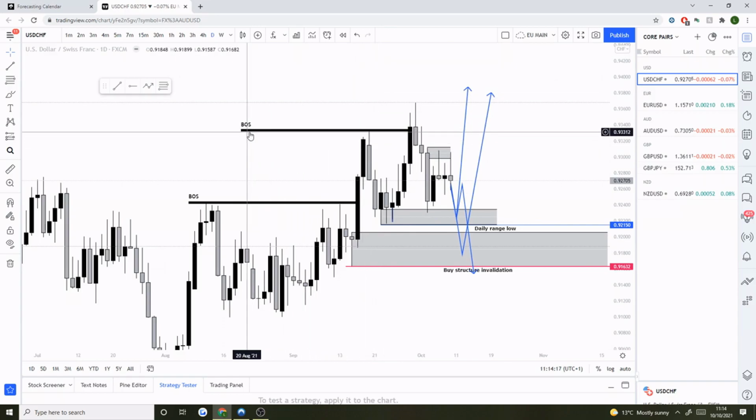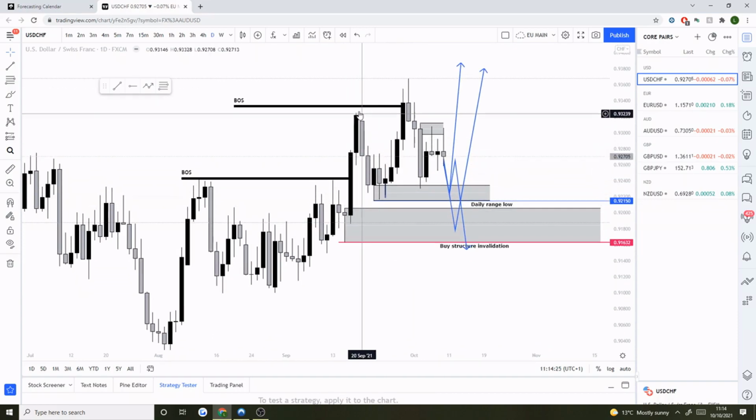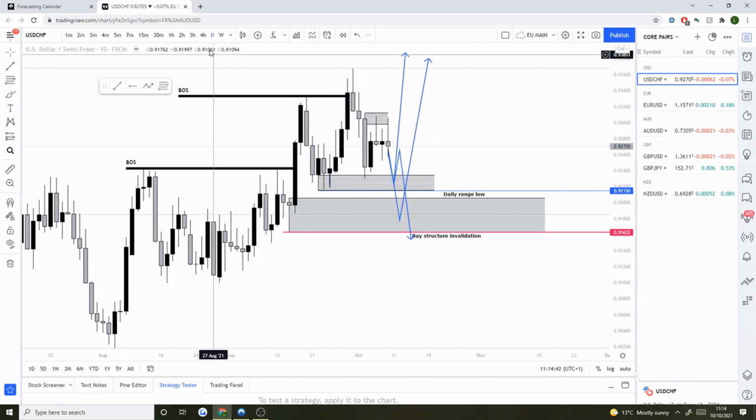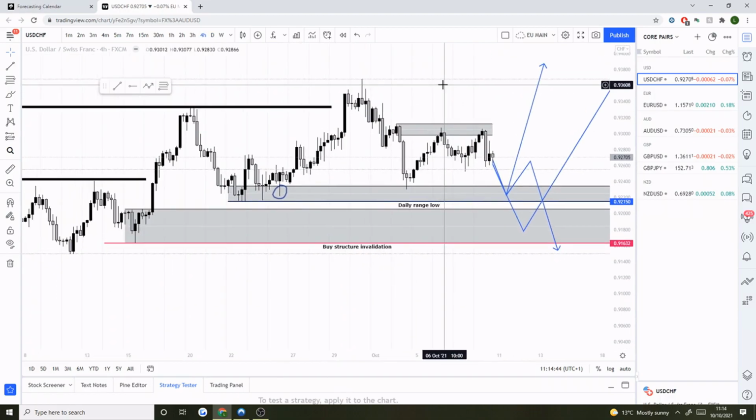So we've got this breaker structure here, which is caused by this area down here, which I mentioned last week, and then we've got the breaker structure previous to that, which was caused by this area down here, which I also mentioned last week, and this area here has got imbalance just above it, so it would really make sense for that imbalance to get filled before we go higher, but we could definitely still see a reaction down here. So I just zoom in on the 4-hour.